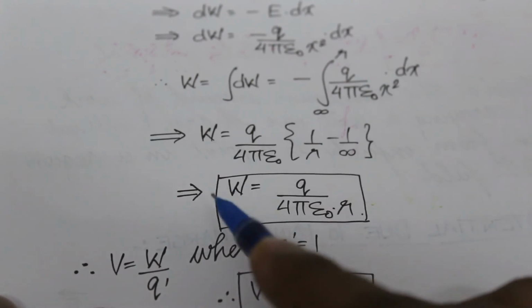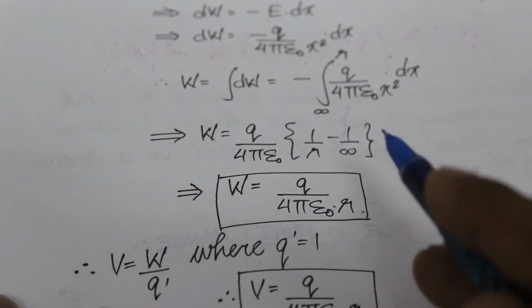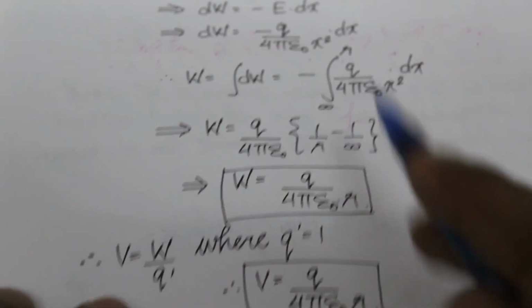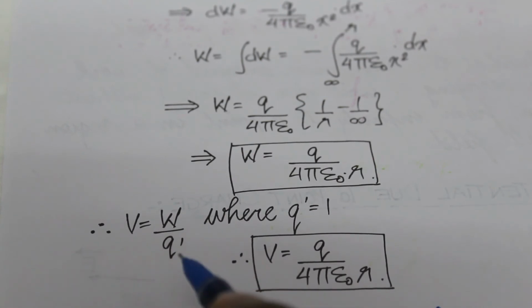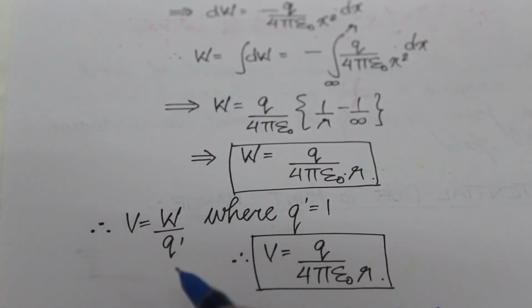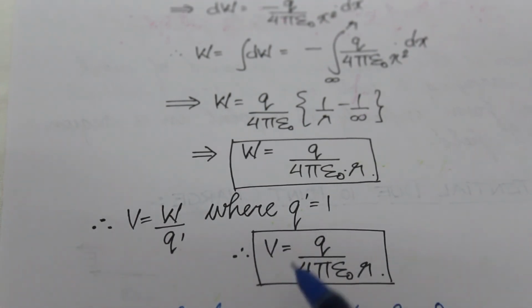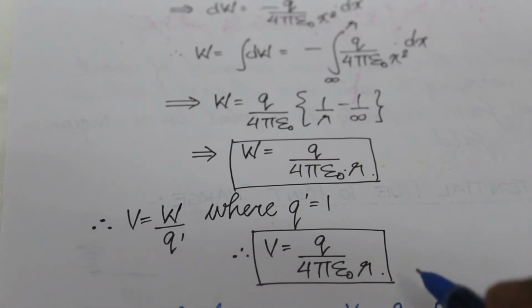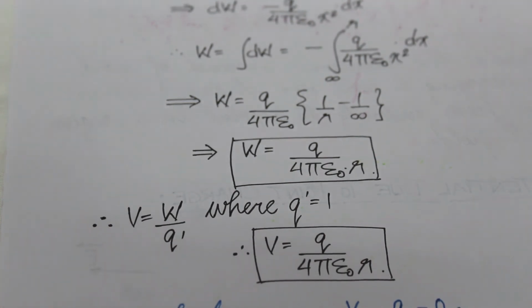On solving, I get W equal to Q upon 4 pi epsilon naught R. This is the amount of work done. As you know, electric potential is work done upon charge transferred. The charge transferred is 1 coulomb, so Q dash will be equal to 1. So finally we get V equal to Q upon 4 pi epsilon naught R. This is the formula for finding the electrostatic or electric potential at any point due to a point charge.